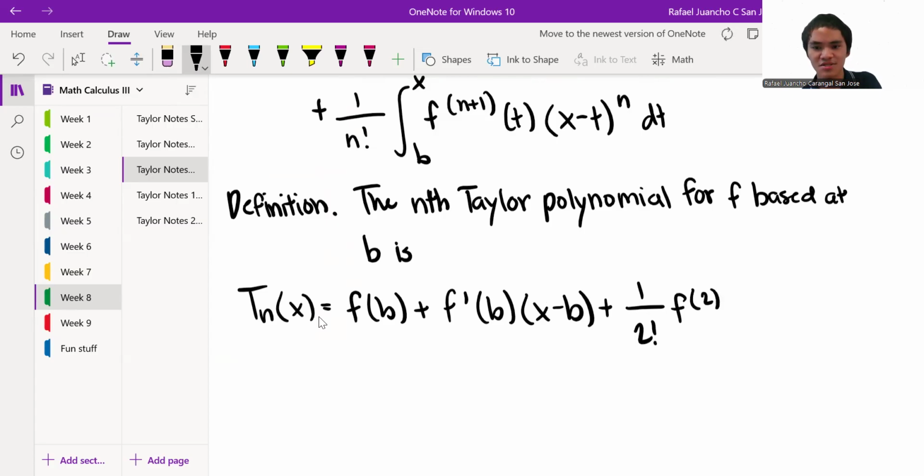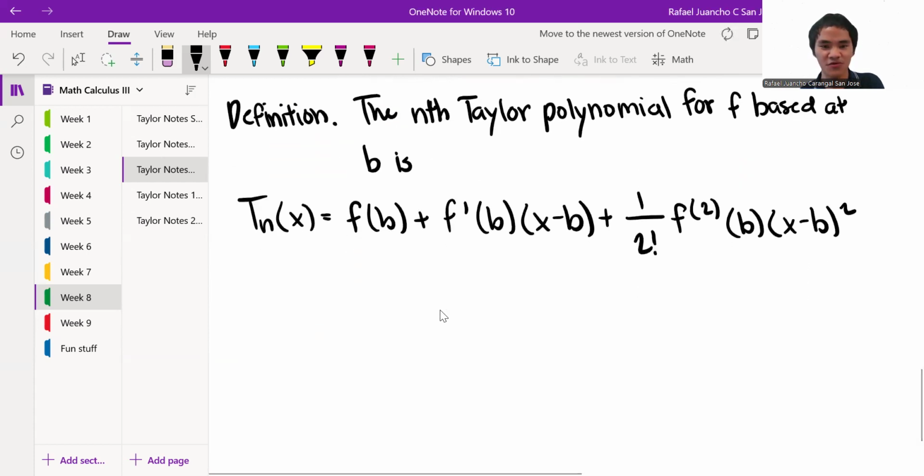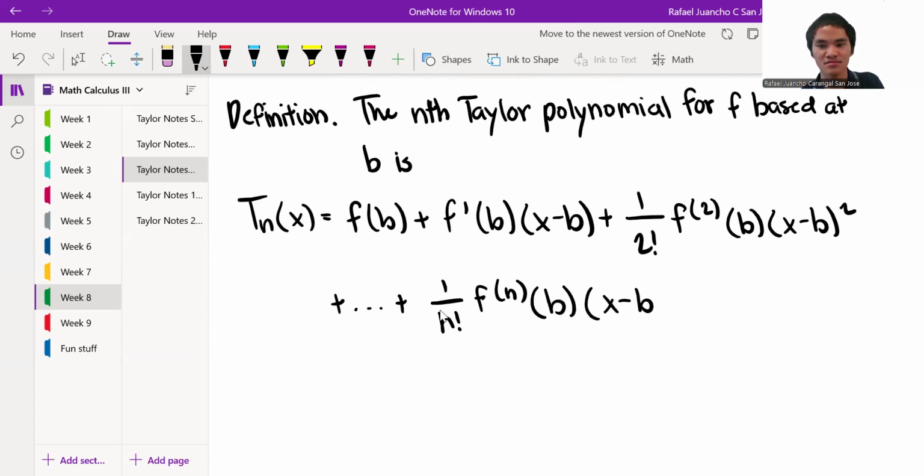Now let's write it in a nice way. F, so this is the second derivative. I'm not writing the apostrophes because I'm trying to emphasize that idea. And this is 2 factorial. And then we keep going until we reach the nth. So the nth, and there we have it.